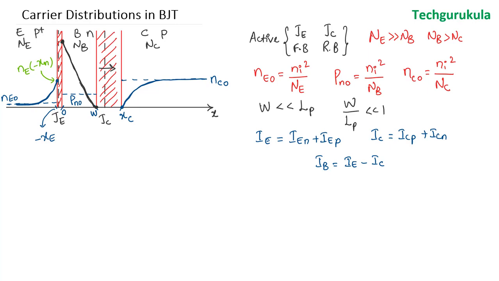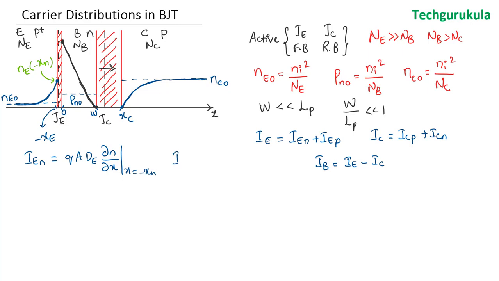Now, we need to find all these components depending on the carrier distributions we have here. So, the current, we can say IEN, the current flowing because of the electrons which are ejected from base to emitter, that is at this point, is QA DE times dN/dx at x equal to minus xN.